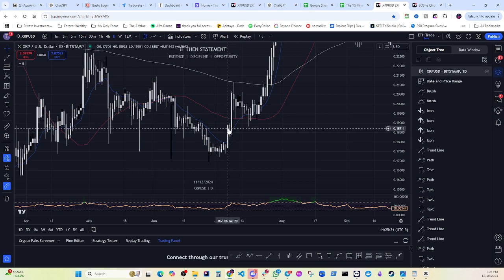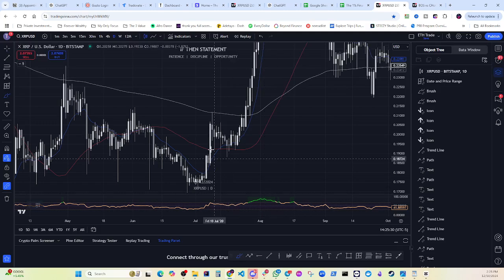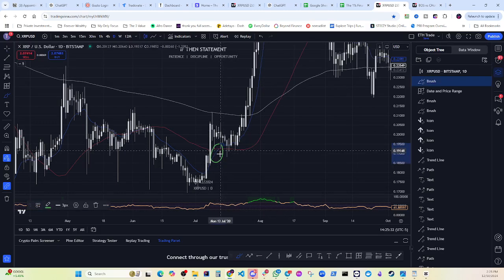I'm not gonna buy right here because the 13 EMA is still below the 50 SMA. I would do that when the 13 EMA crosses above the 50, because that means we're looking for buys. That means we're on an uptrend.